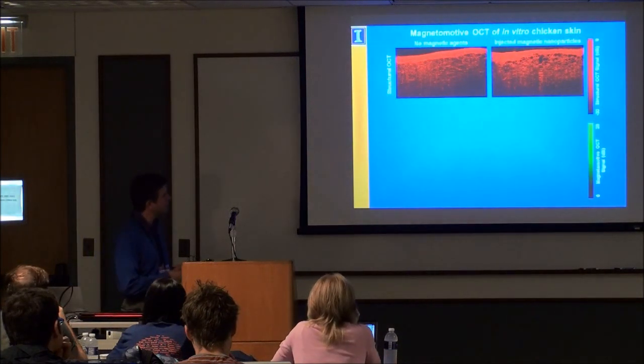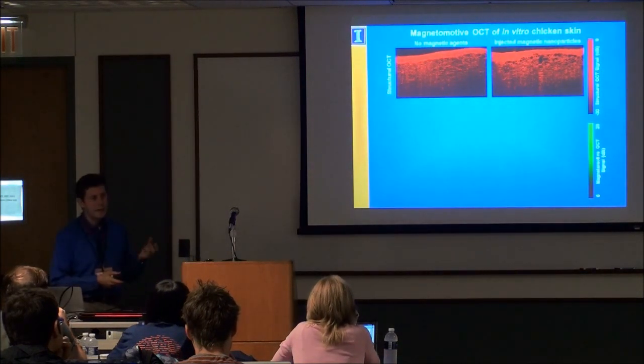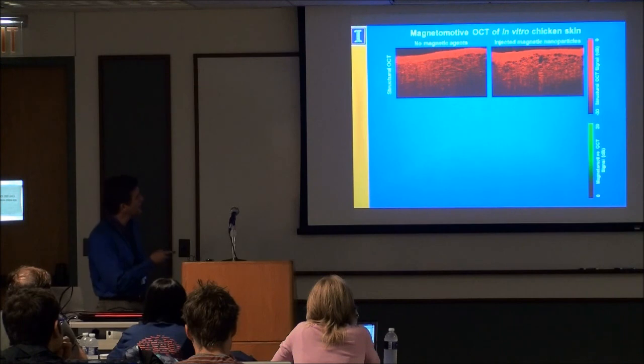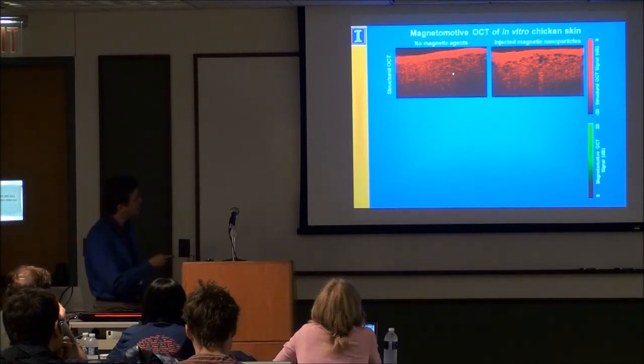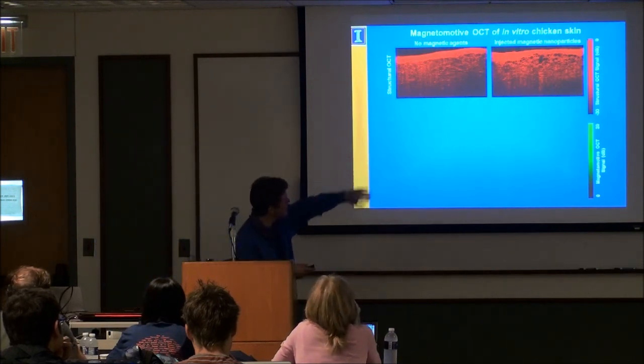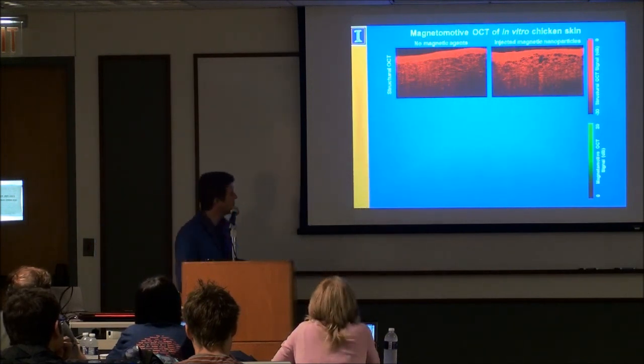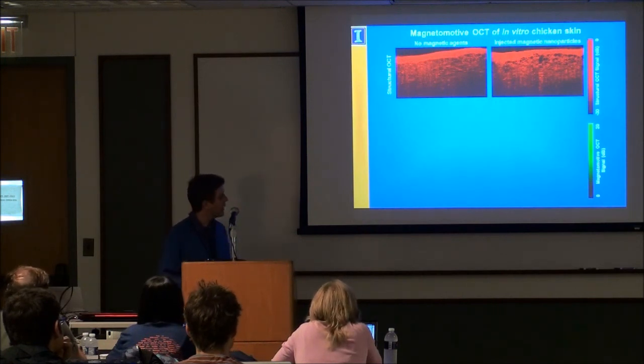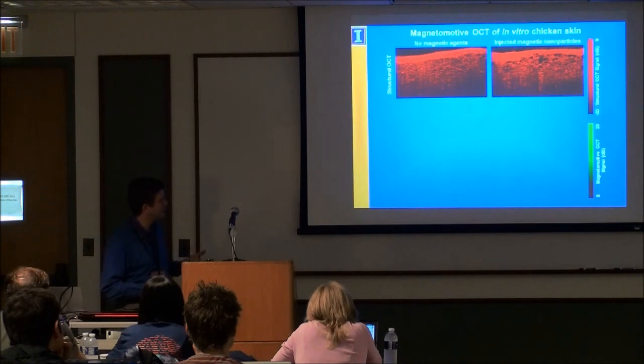This is another example where we took in vitro skin and injected particles. If we look at the structural OCT of the no agent and the tissue that had the agents, we see maybe there's a little bit more scattering that you can see overall in the structural image, but clearly not dramatic and not something that you could use diagnostically.